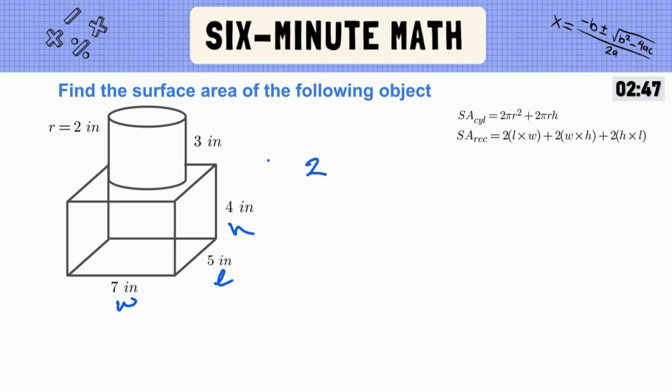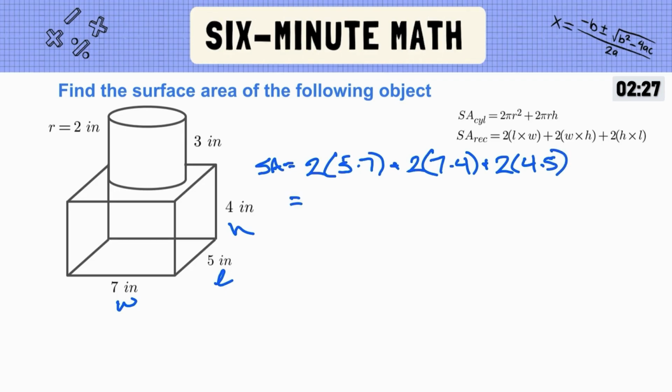So this is my surface area: 2 length times width, so 5 times 7, plus 2 width times height, that's 7 times 4, plus 2 of 4 times 5. 2 times 5 times 7 is 70. 2 times 7 times 4 is 56. And 2 times 4 times 5 is 40. So I would add those up for 158.